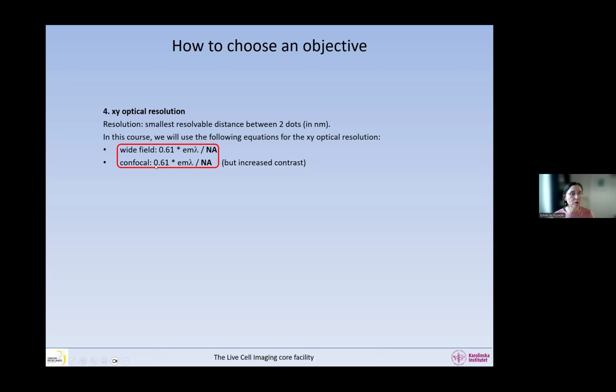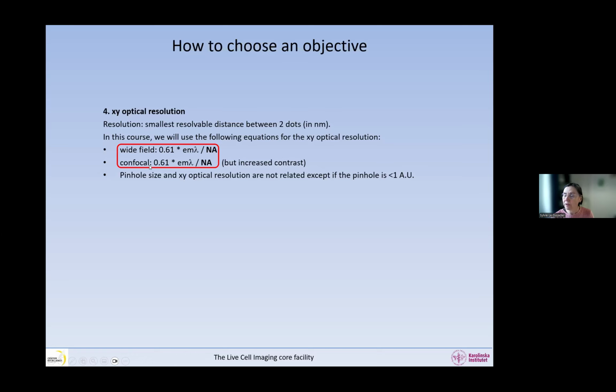In the case of a confocal, we have a pinhole, and when we close the pinhole, the contrast increases. But we're going to use this equation for the XY optical resolution for everything. The pinhole size and the XY optical resolution are not related, except if the pinhole is small. You can see that there is nothing in this equation that tells us about the size of the pinhole.